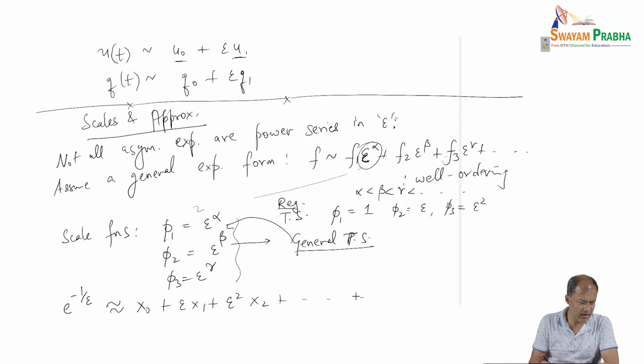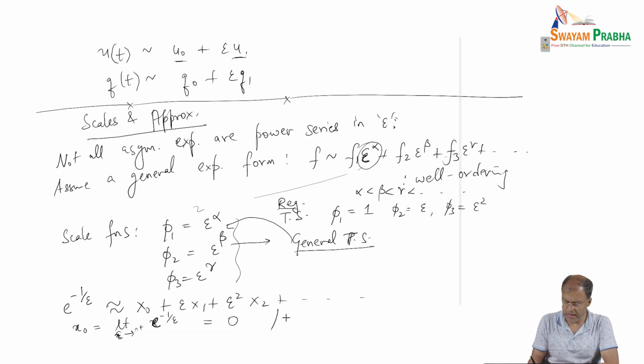And from here we see that x naught will be the limit as epsilon tends to 0 plus of e to the power minus 1 over epsilon, and if we take this limit, x naught comes out to be 0.